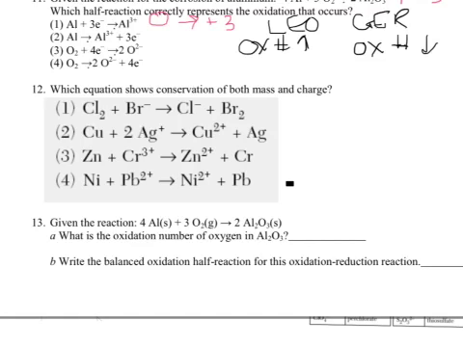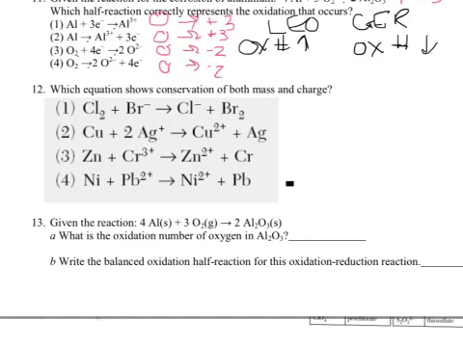In the next choice, we again have aluminum going from 0 to +3. Choice 3, we have oxygen by itself. It's not important that it's diatomic or that it has the subscript 2, because that always has to happen. So oxygen is going from 0 to -2. And then in the final answer choice, again, we're going from 0 to -2.